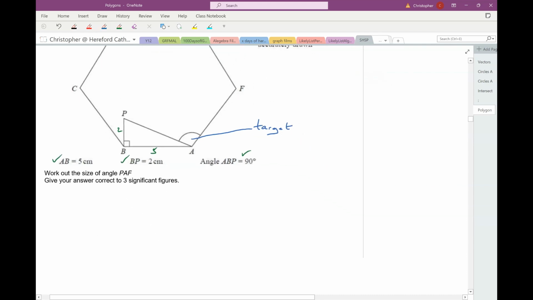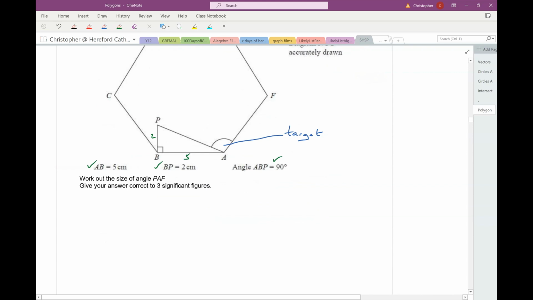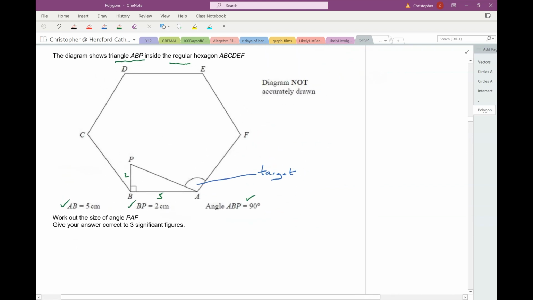Right, let's have a look. Now, looking at that right angle triangle there, and the hexagon. Well, it's a regular hexagon, so I can work out the interior angle of a regular hexagon, can't I? Let's do that down here. So it's a hexagon, so the exterior angle is 360 divided by 6, so that's 60.